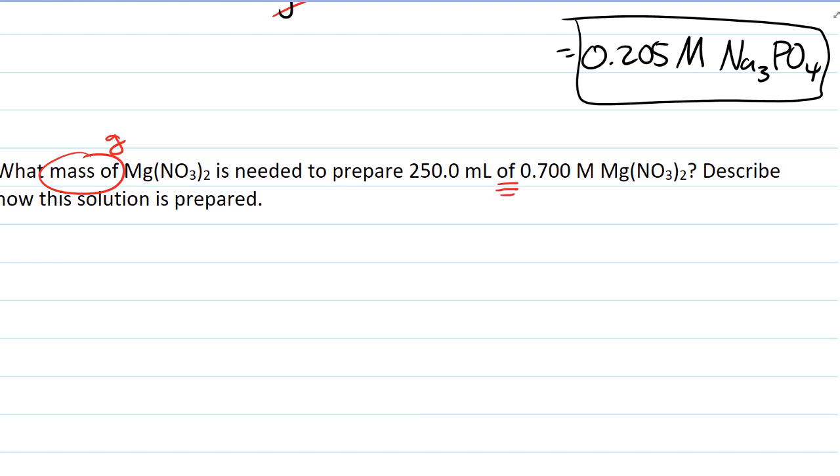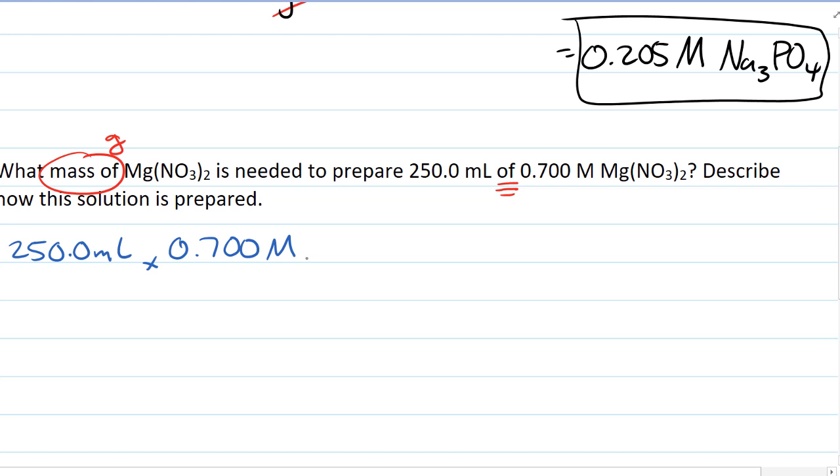See, you learn something new every day. Thank God for chemistry. All right, we take 250 milliliters of, which again means we're going to multiply, 0.700 molar Mg(NO3)2.